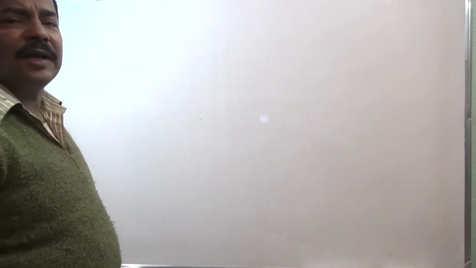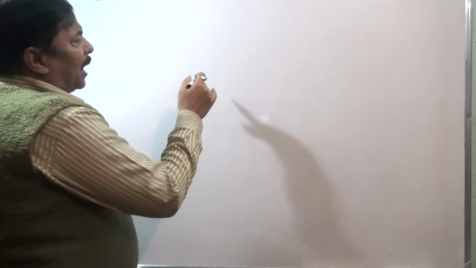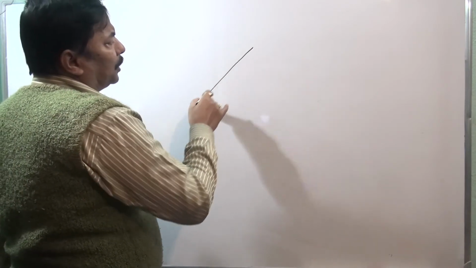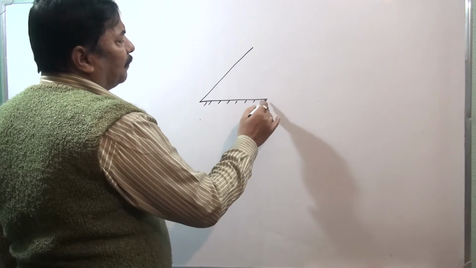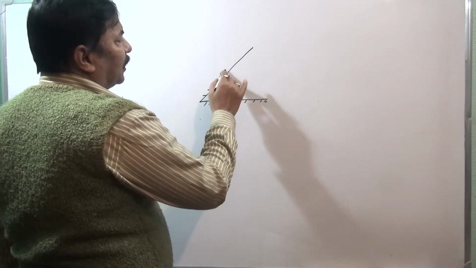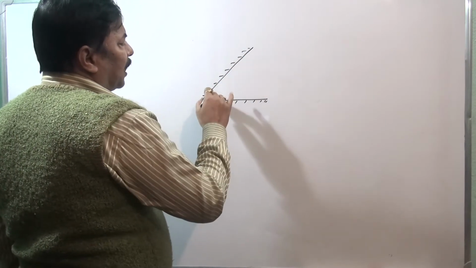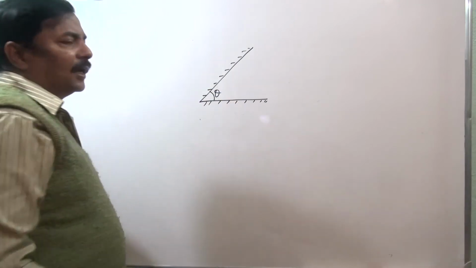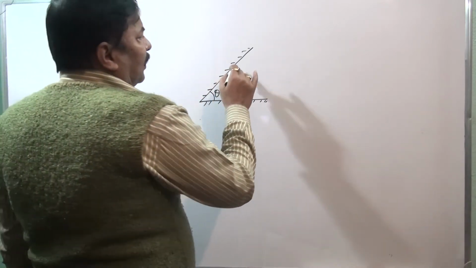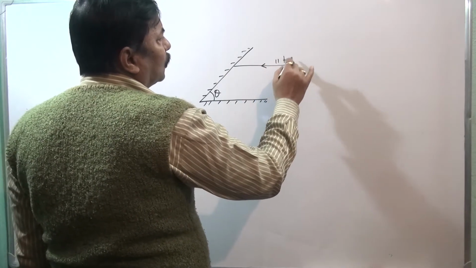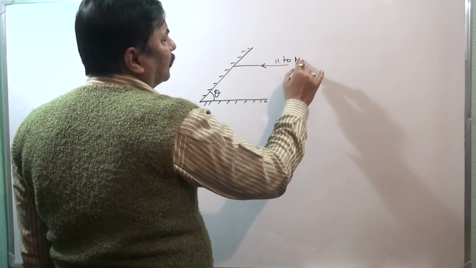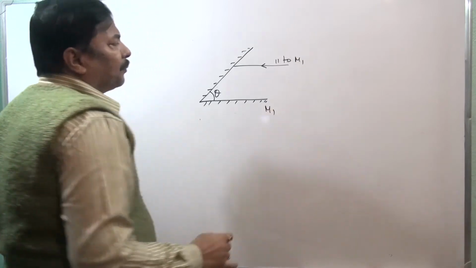Here I am giving the arrangement of two mirrors. Two plane mirrors are inclined at a certain angle, and this ray is parallel to M1. Suppose this mirror is M1.